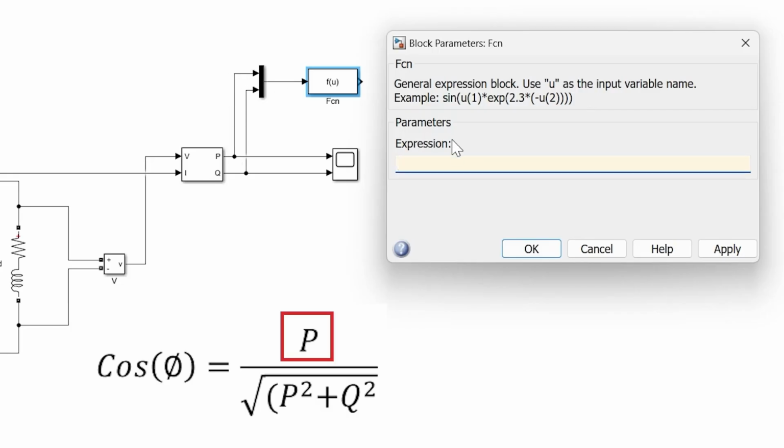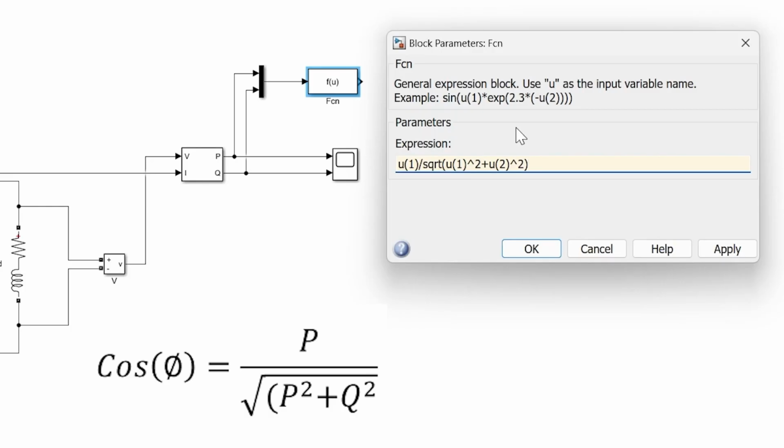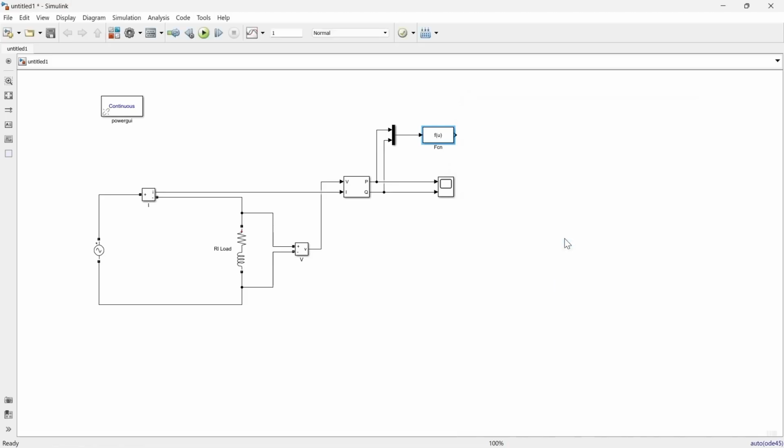Our first signal is P. So we'll write U of 1, that means our first input, divided by, now everything is under root, so we'll write SQRT of U1 square plus U2 square and bracket over. So this is the equation for power factor that we are implementing over here, and let's hit OK. So using this equation it will convert this power into power factor.